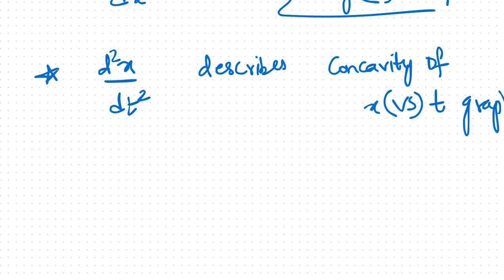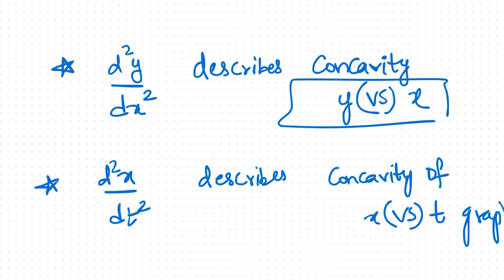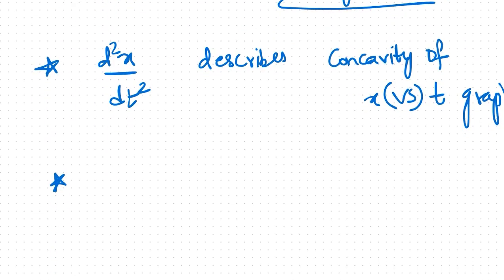Since we already understood that the second derivative describes concavity, there are two types: concavity up and concavity down. Concavity up means this value has to be positive.